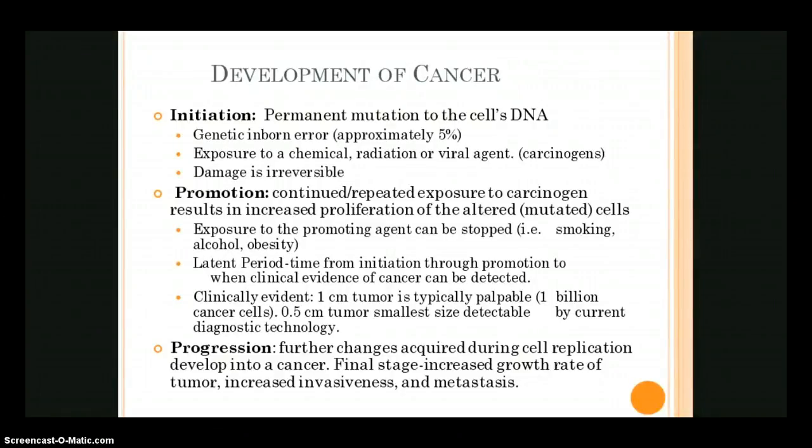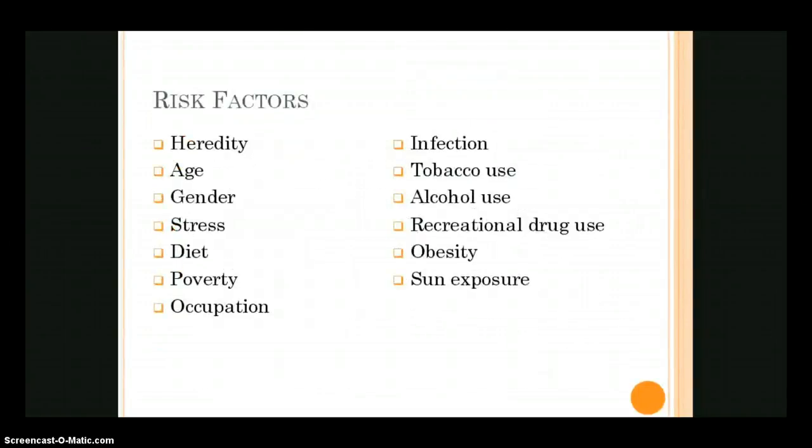I'm going to talk a little bit about, oops, I think I might have skipped a slide. Hold on a second. Let me go back. I did. These are risk factors that impact the risk of developing cancer. Age is probably one of the biggest ones there. Remember that 77% of all cancers are diagnosed in individuals who are 55 or older.